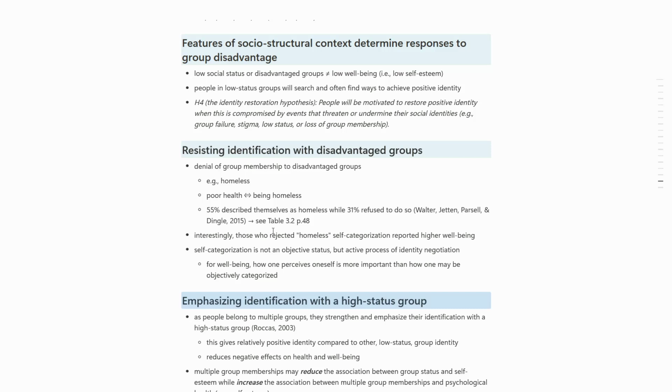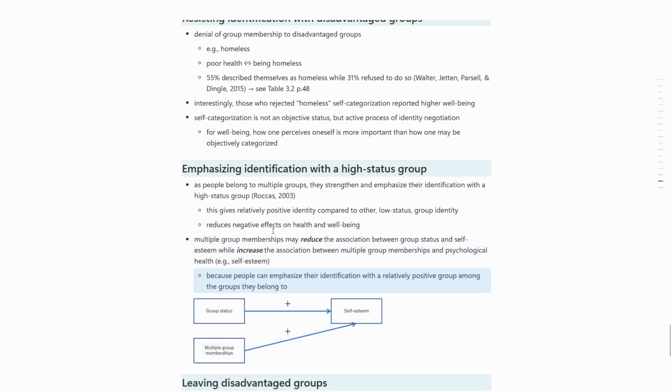Another strategy an individual could take in order to achieve positive identity is to emphasize identification with a high status group. As you may understand, people belong to multiple groups, and they strengthen and emphasize their identification with a high status group. Some of the groups may be of low status, while other groups may have a higher status.